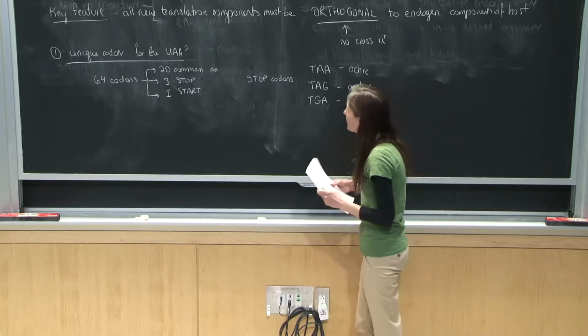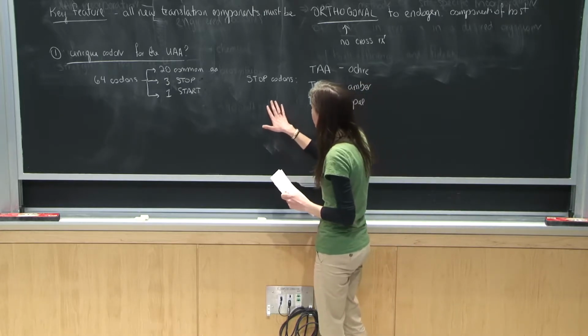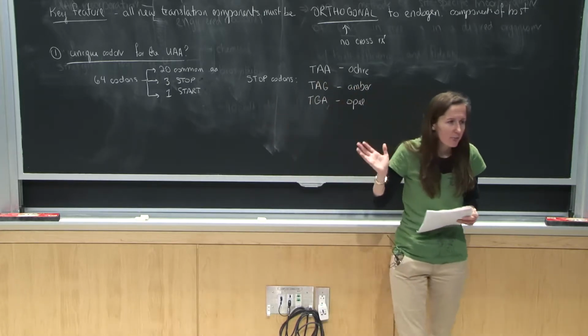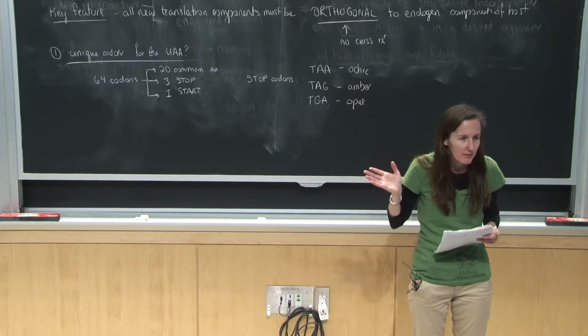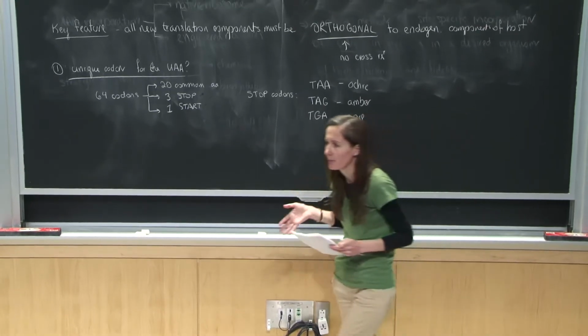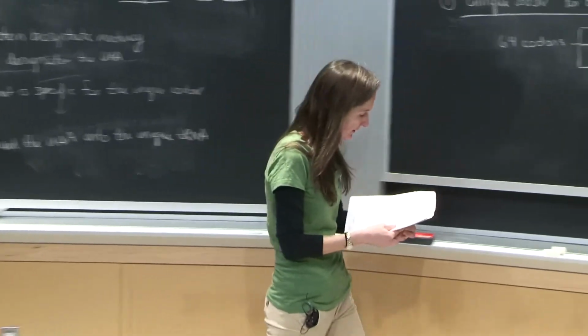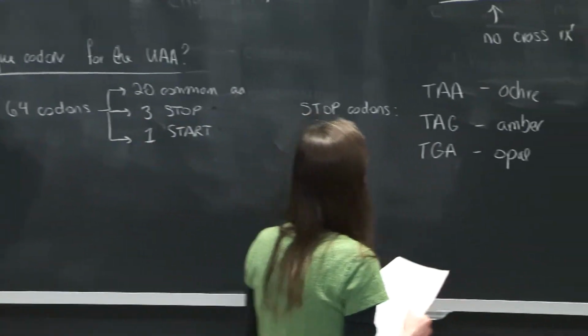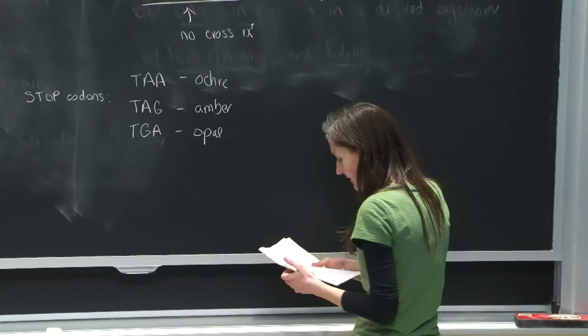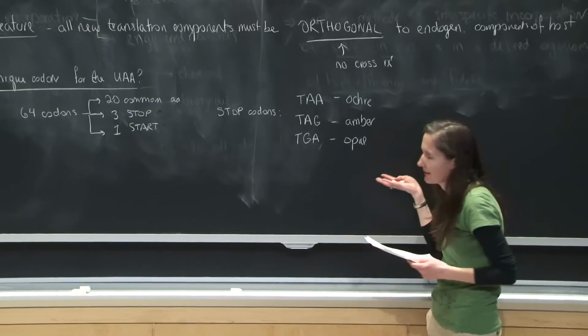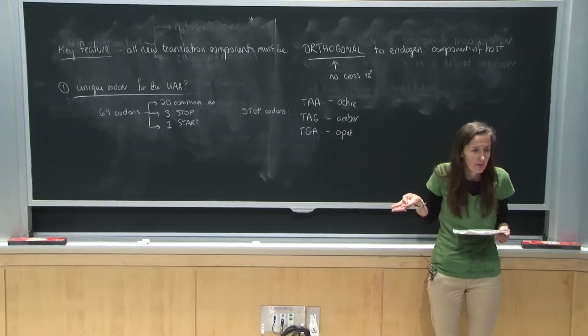And so the idea we're going to see is just the question, can we reassign a stop codon? And can we reassign a stop codon such that it's the codon for the unnatural amino acid? And so basically, if we want to reassign a stop codon, how do we choose?